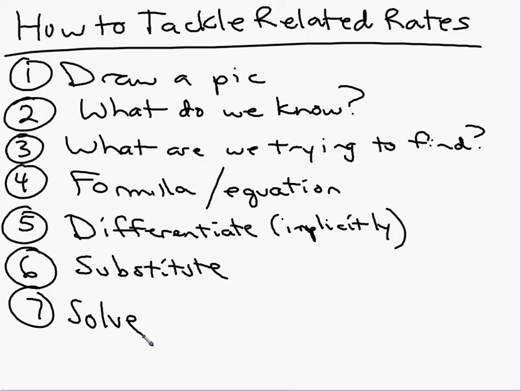I think it has helped some of my calculus students in the past to have kind of a plan to follow on these problems. And so I think that will help. Let's look at example 2 on your handout. Example number 2. In this one, we have a hot air balloon that is rising.